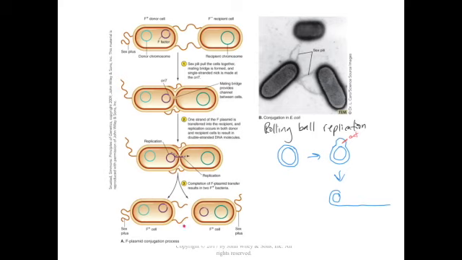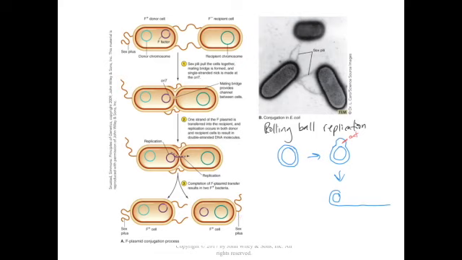And now both of our cells, our original donor cell is still F plus, because it replicated and shared a copy of this plasmid. And our F minus cell is now F plus also. And now it has the ability to make a sex pilus and carry out conjugation with any cell it comes into contact with.